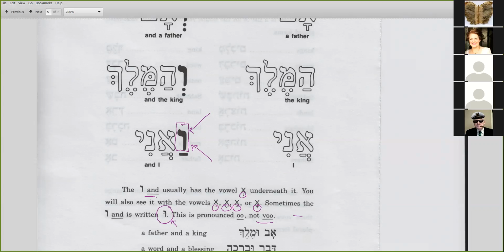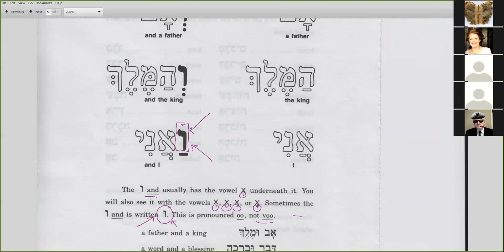What that means is sometimes what would ordinarily be a consonant can double as an extension of a vowel, or in this case, we see that it's doubling as the connecting vav, which means "and," even though it's not pronounced with the V sound. So that is what they're pointing out here.